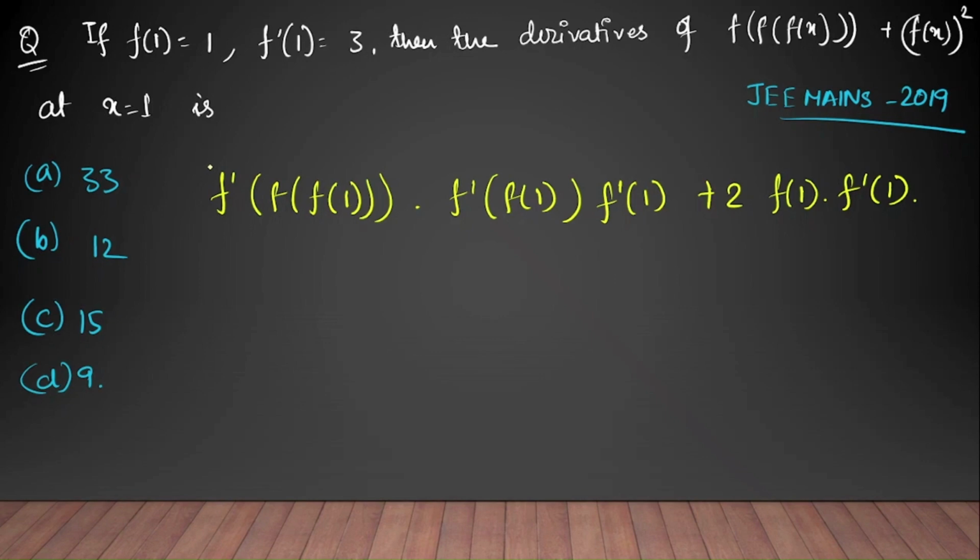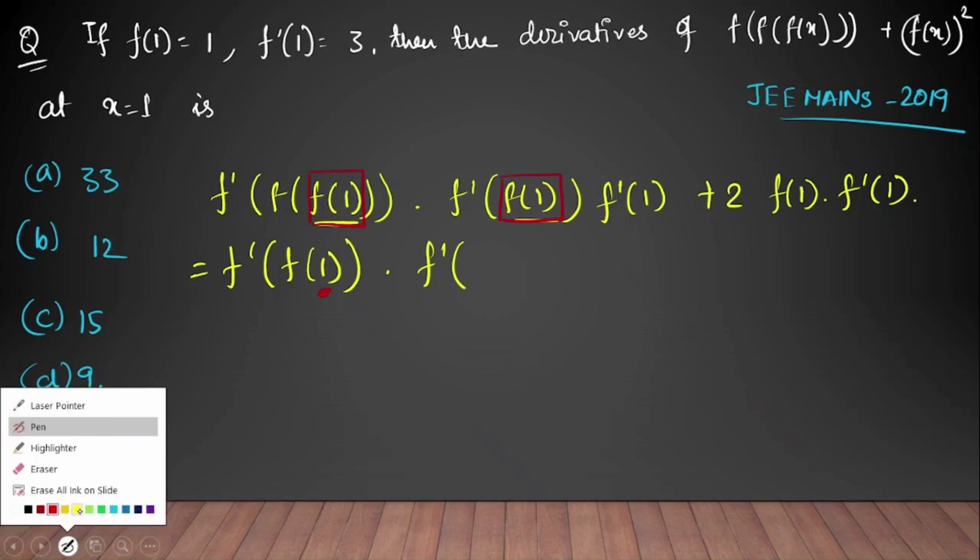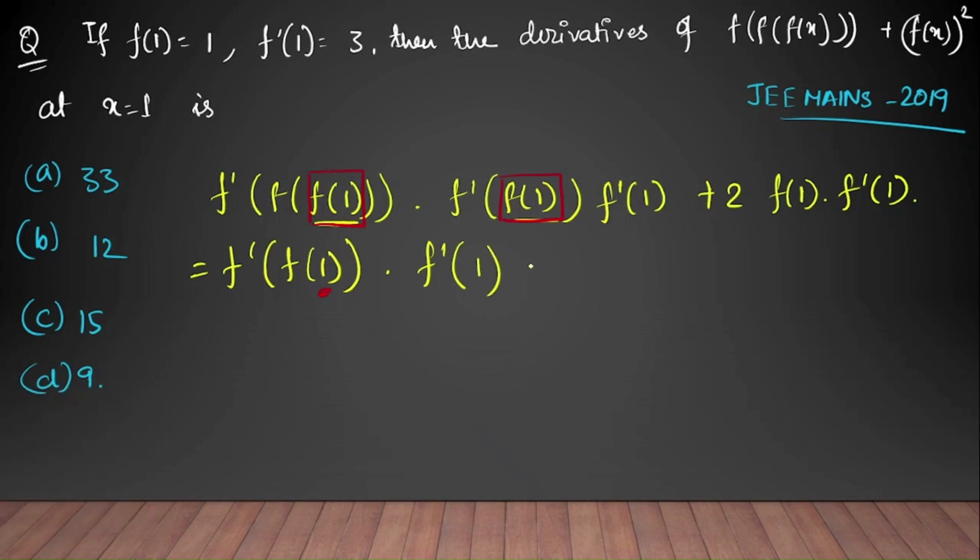First of all, f(1) we get as 1, so we can write f' of 1 in this part. Changing the color, for this part we can write f(1) as 1, and here f'(1) is also there.